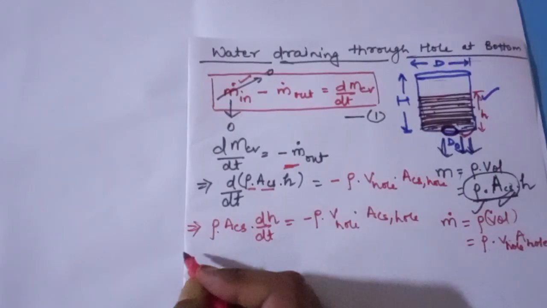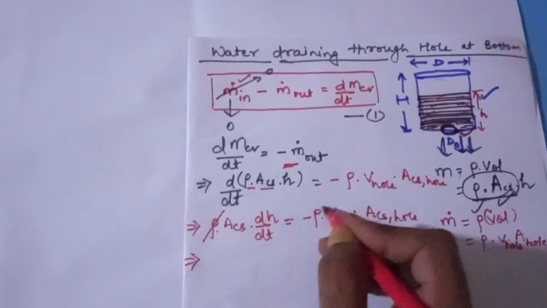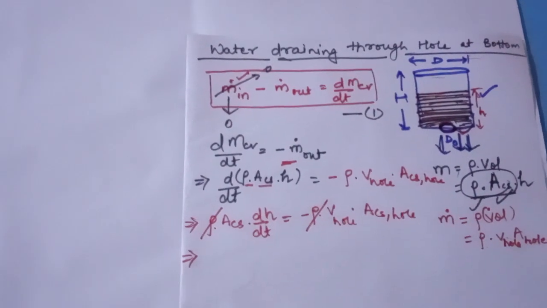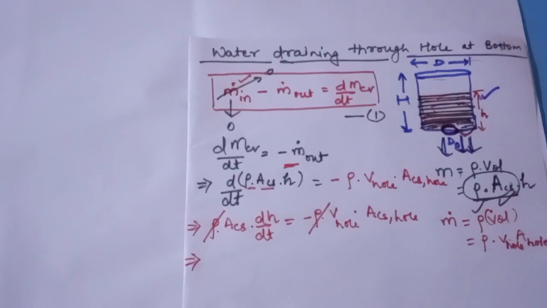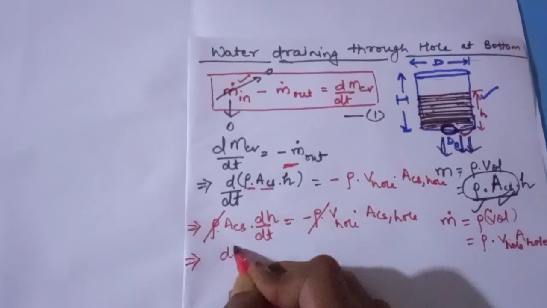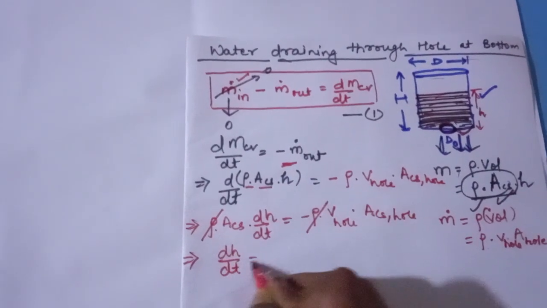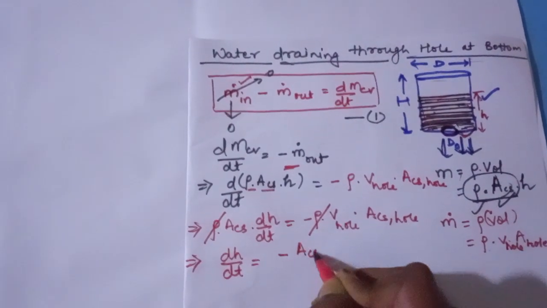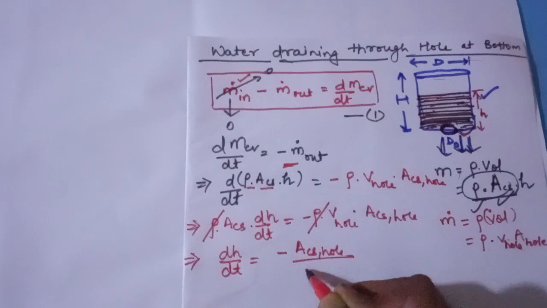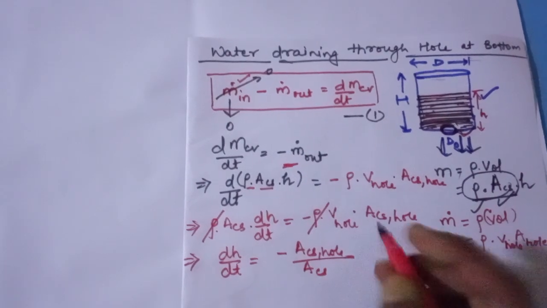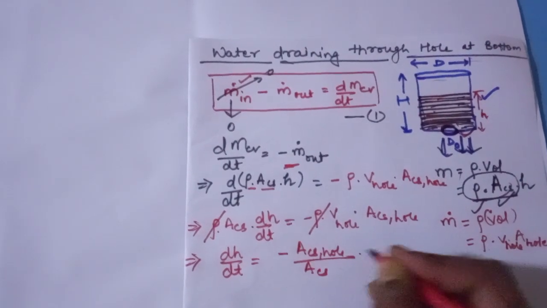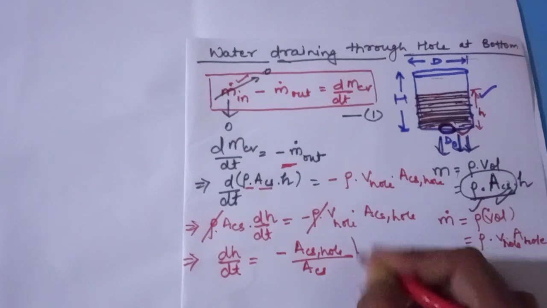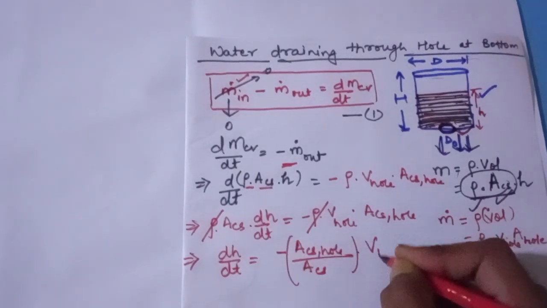Let's cancel the densities because both are the same. Now we can write dH by dt is equal to minus of A_CS of hole by A_CS of tank, this is of the tank, into this velocity at hole.